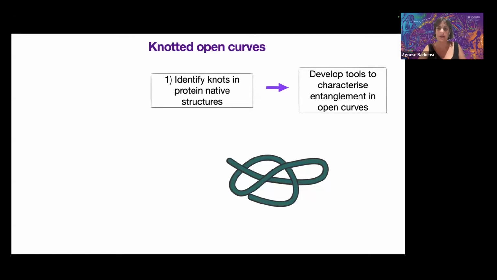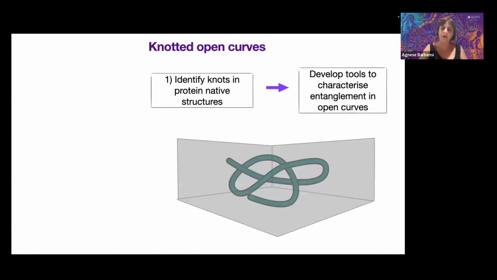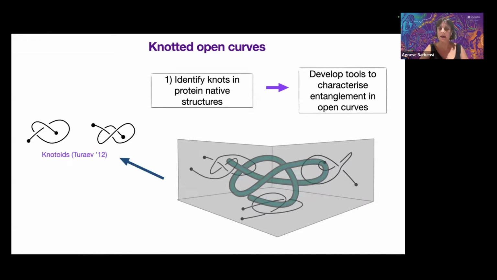And the situation changed quite substantially a few years ago when Turaev introduced new topological objects called notoids. Now, in this setting, again, we can think about our favorite open curve in space, and we can decide to consider planar projections of this curve. And if we remember information about over and underpassing, we obtain diagrams of open-ended arcs, in the same way as we obtain knot diagrams by taking projections of closed curves.